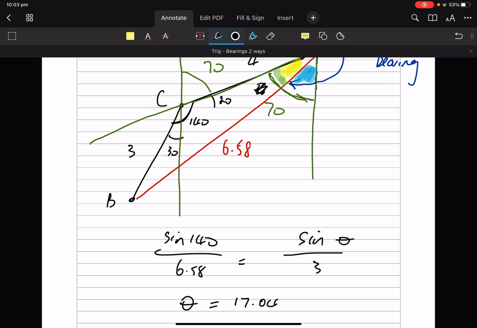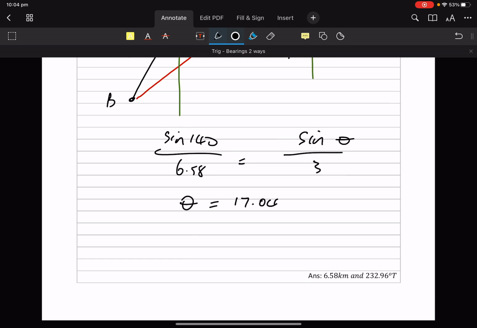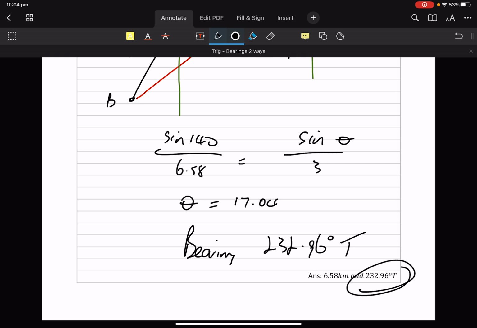So all of a sudden, that's 17 degrees, which means this blue angle in here is 52.96 plus the 180 gives us our bearing of 232.96 degrees per the answer.